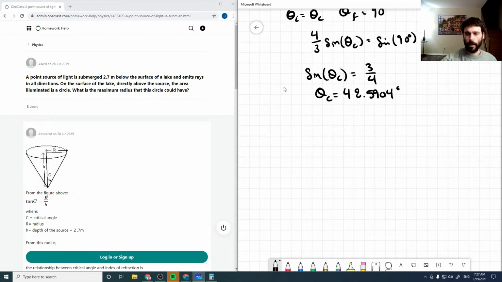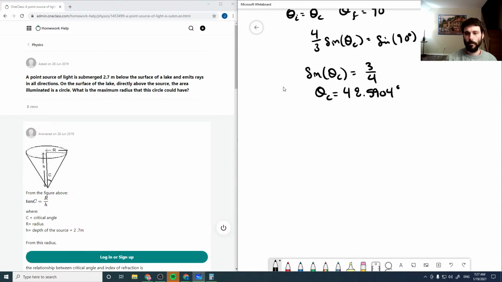And so then redrawing our triangle here, we've got 2.7 meters. Here's our R, and that's our 48.5904 degrees.